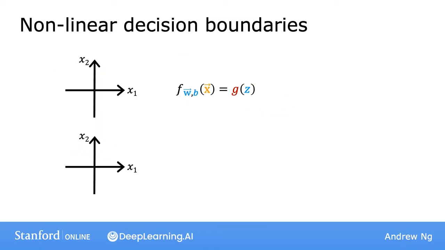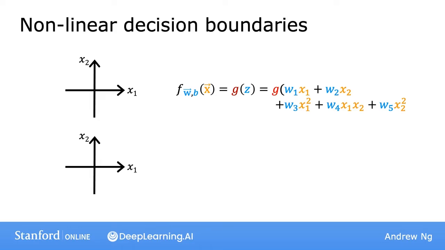So, can we come up with even more complex decision boundaries than these? Yes, you can. You can do so by having even higher order polynomial terms. Say z is w1x1 plus w2x2 plus w3x1 squared plus w4x1x2 plus w5x2 squared. Then it's possible that you can get even more complex decision boundaries.